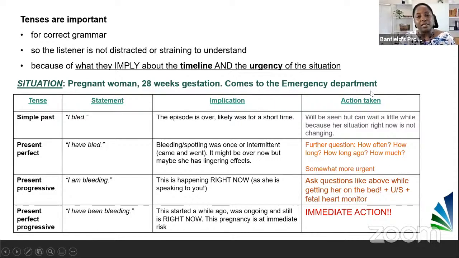Now, yes, this is a medical setting, but if you're watching and you're in pharmacy or physiotherapy or occupational therapy, any other healthcare profession, this is a situation that you can be familiar with. Okay. All right. So let's look at what happens if she uses the simple past, the meaning, and your response if she uses the simple past.